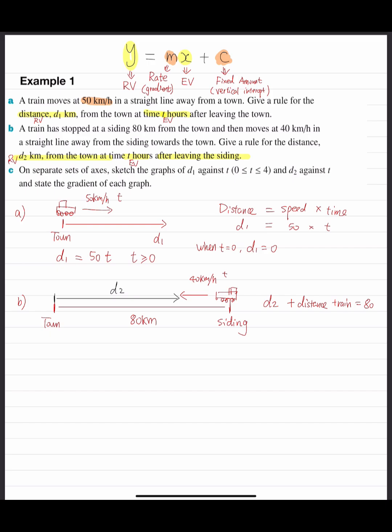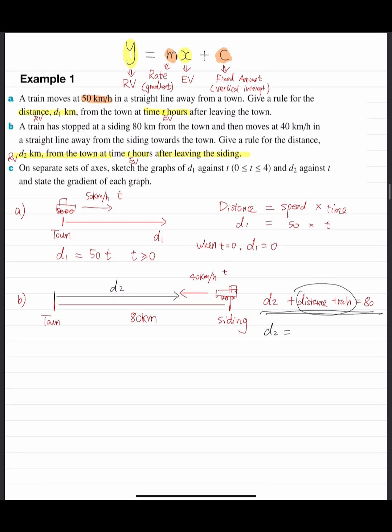Before we continue, based on these little equations, we're going to transpose to make d2 the subject, meaning make d2 sit on one side. Therefore, the distance of the train has to be moved to the other side by subtracting it, which gives negative distance of the train plus 80.